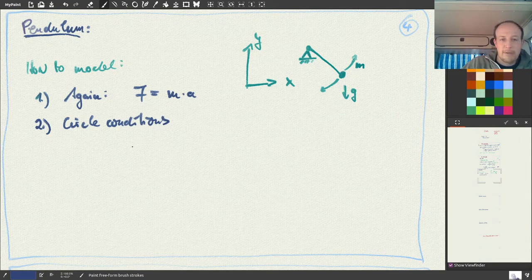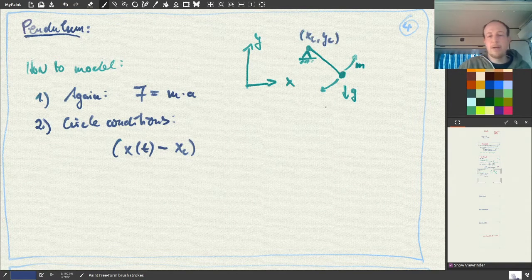And here we will have that. Well, I hope you all recall what is the equation for a circle. This means that x of t minus the center of the circle. So here we assume this is the xc and the yc coordinate.